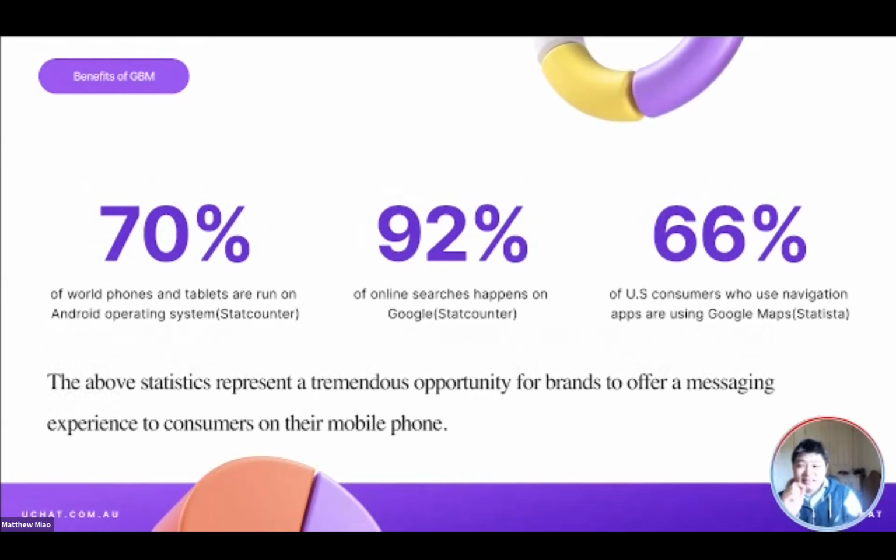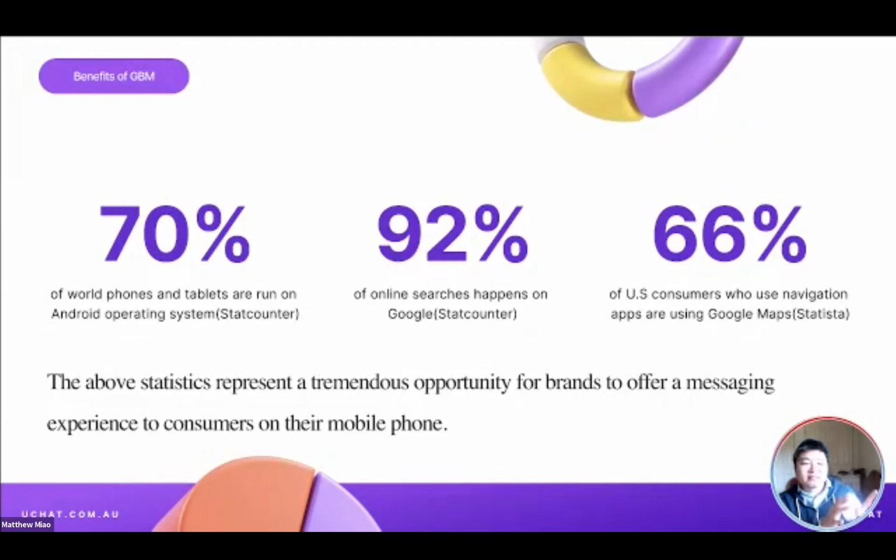Why? Because 70% of the world's phones and tablets run on Android devices, which are supported by Google. Okay, and 92% of online searches happen on Google. They have just dominated the search market. And 66% of US consumers use Google Maps for navigation.